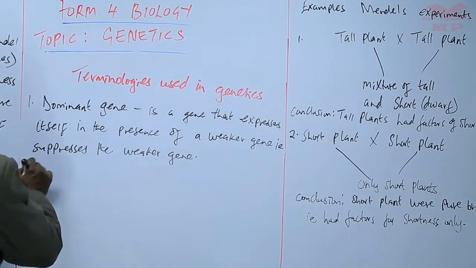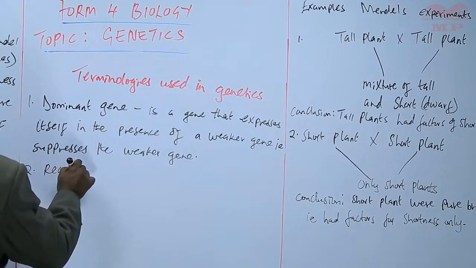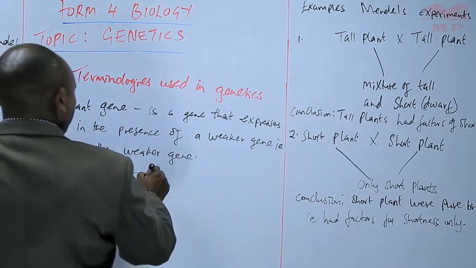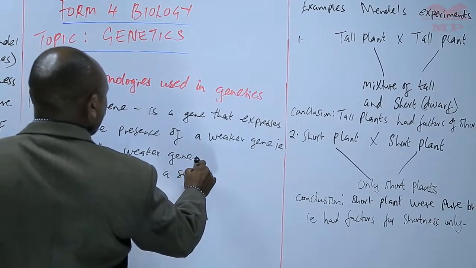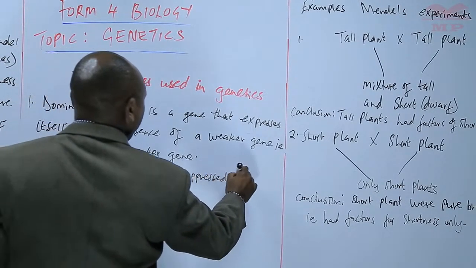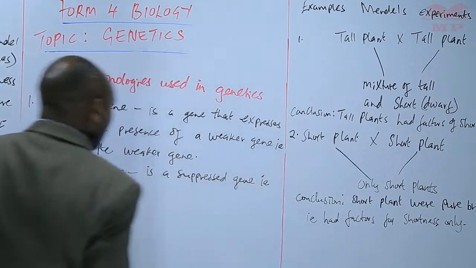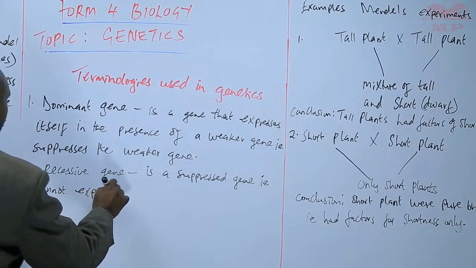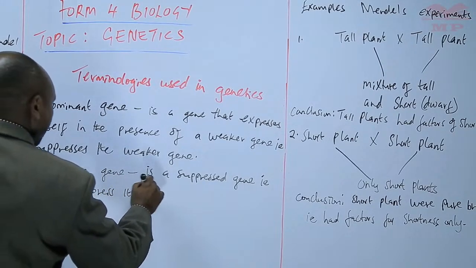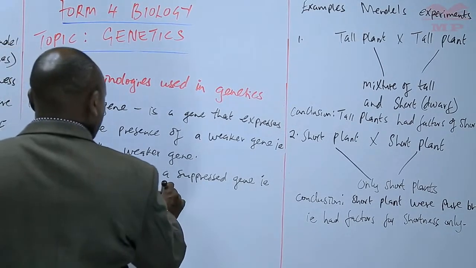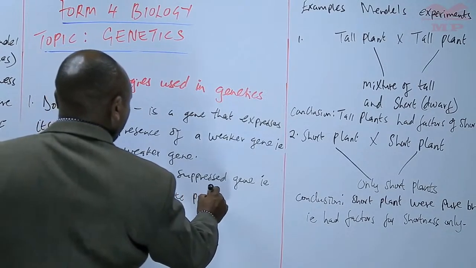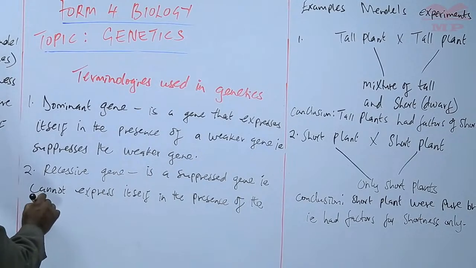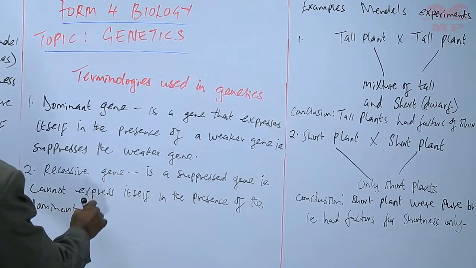Then we have the recessive gene, which is a suppressed gene, i.e., it cannot express itself in the presence of the dominant gene.